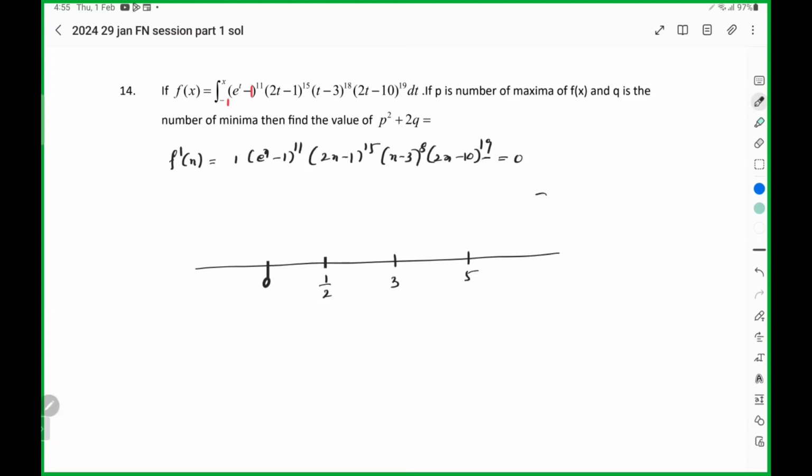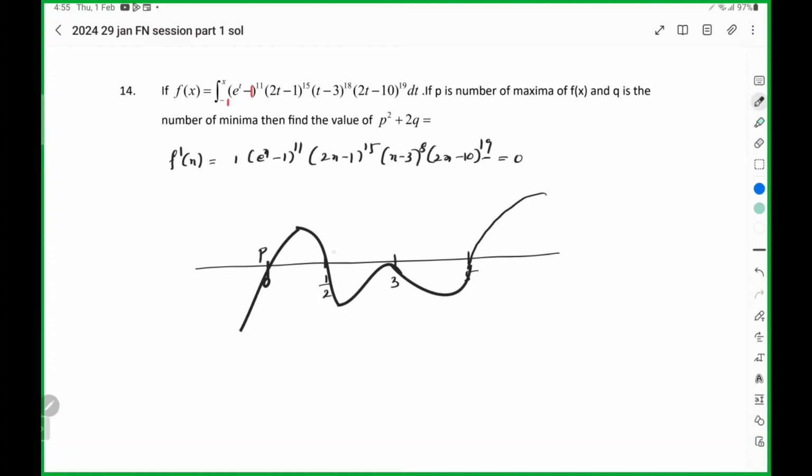So here it is odd power, it crosses the x-axis at 3; even power, it will not cross. At 1 it has odd power, it crosses. At half it has odd power, it crosses. At 0 also it has odd power.